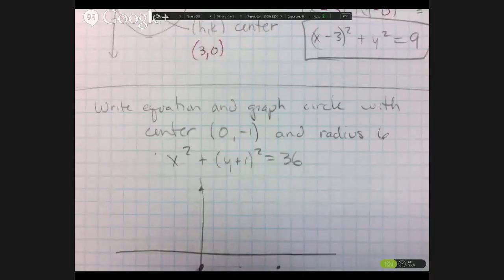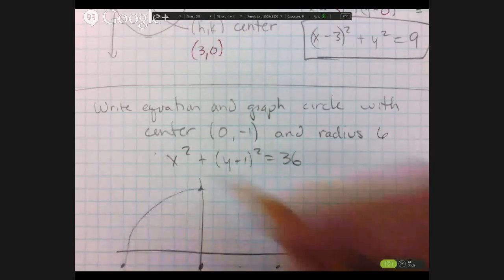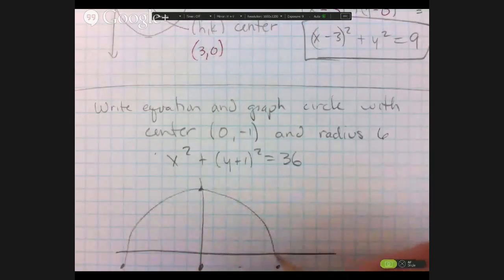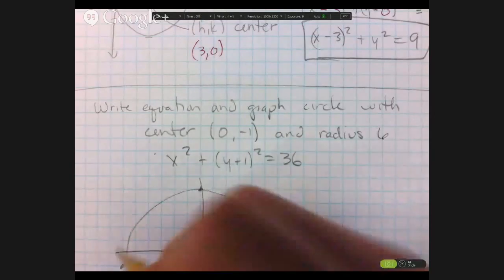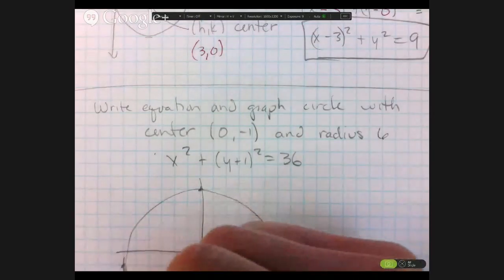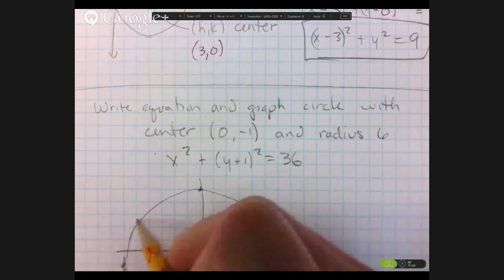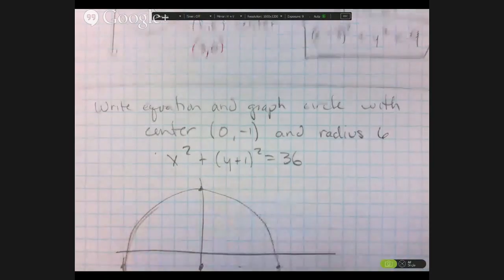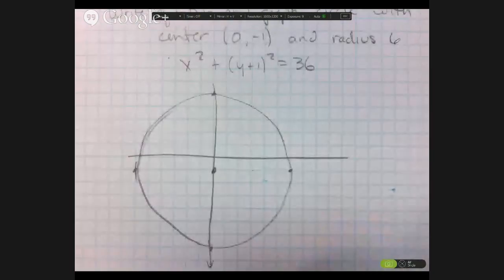I count 6 each way. And then make it as nice as possible.